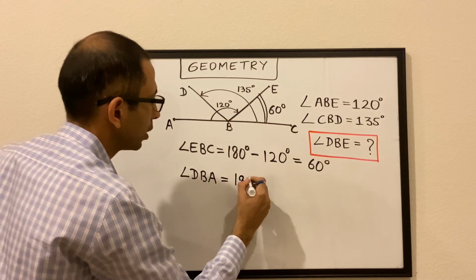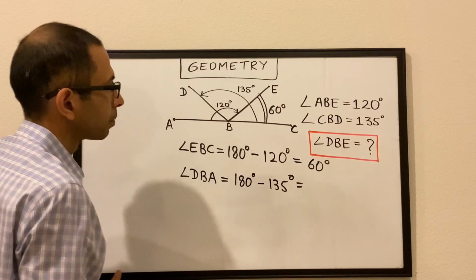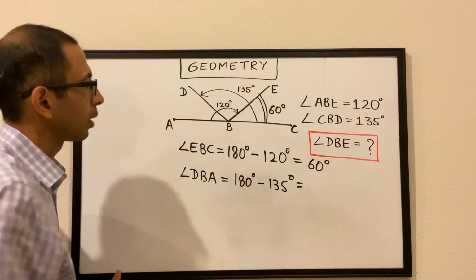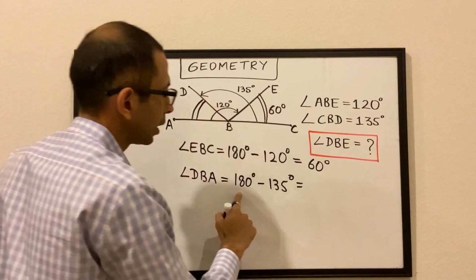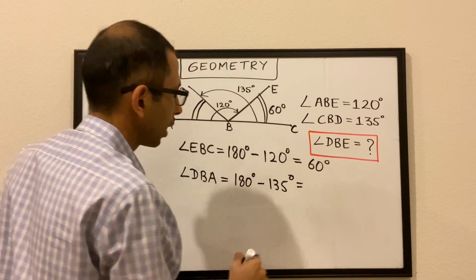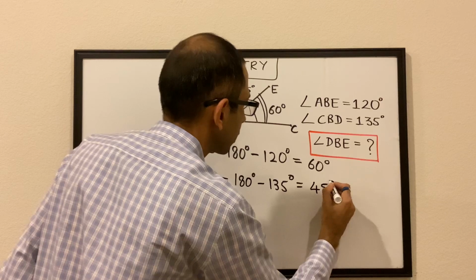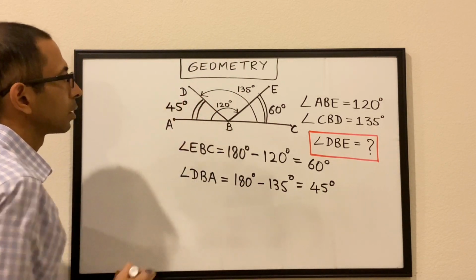So 180 degrees minus 135 degrees, correct? Because angle DBC is given to be 135 degrees. So we can find this angle: 180 degrees minus 135 degrees, which will be equal to 45 degrees. So this angle is equal to 45 degrees.